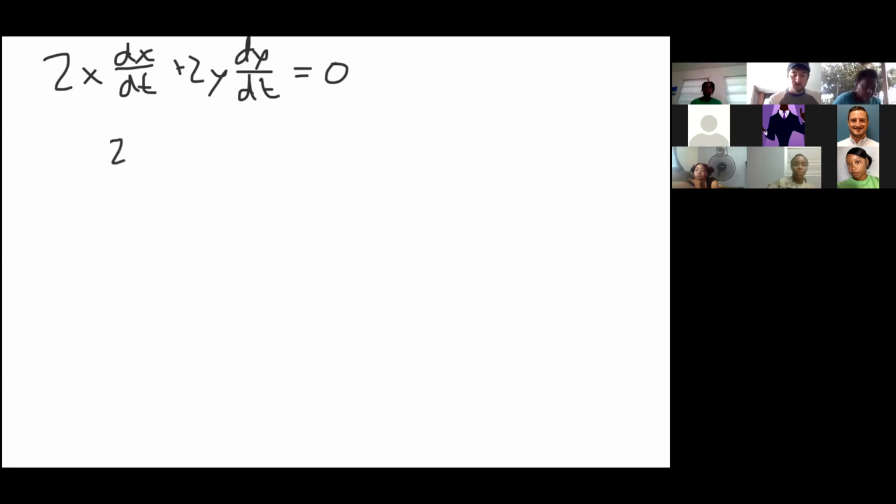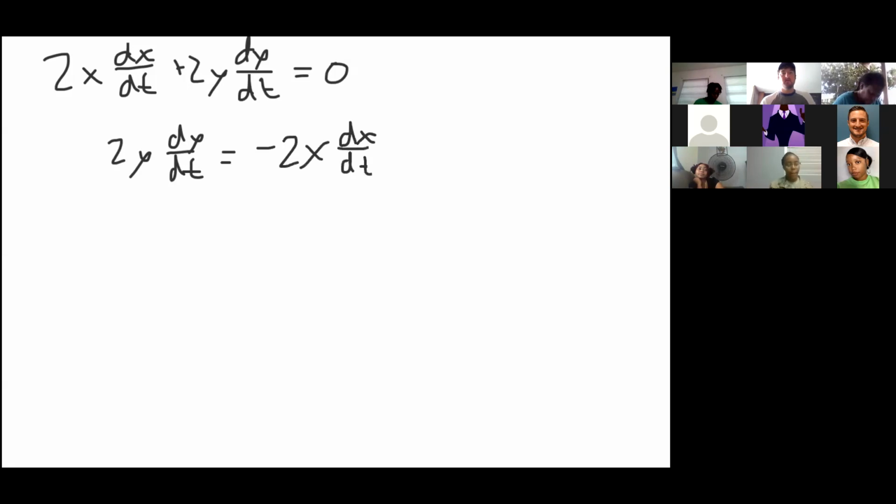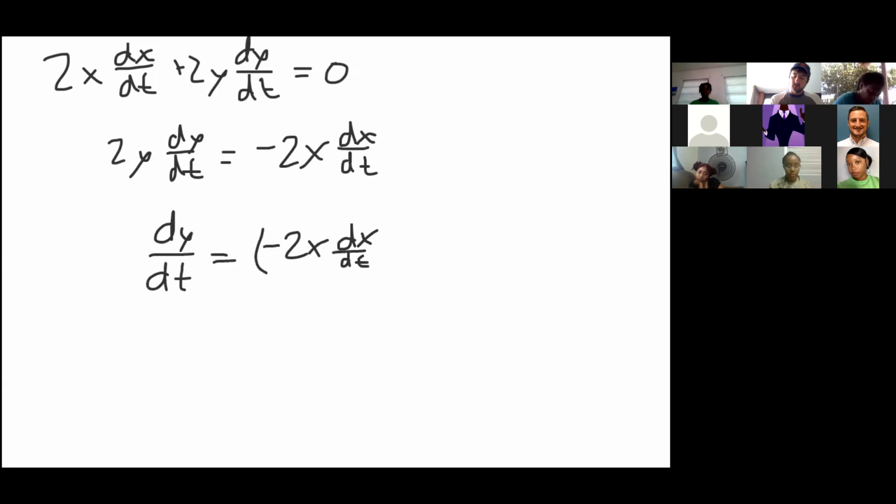So I'm going to have 2y dy over dt is going to be equal to negative 2x dx over dt. And then I divide by 2y to get dy over dt by itself. So then I'll have negative 2x dx over dt, all of that being divided by 2 times my y.